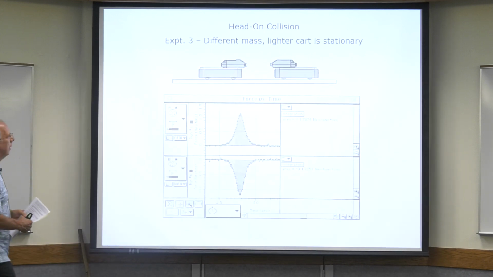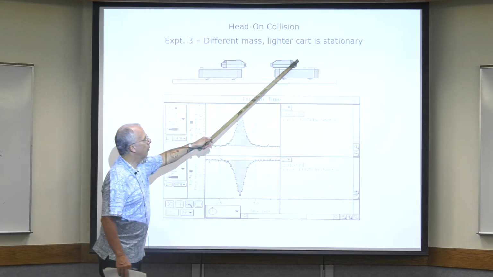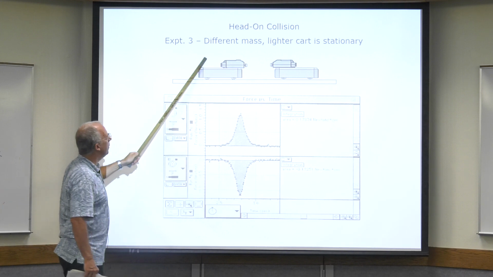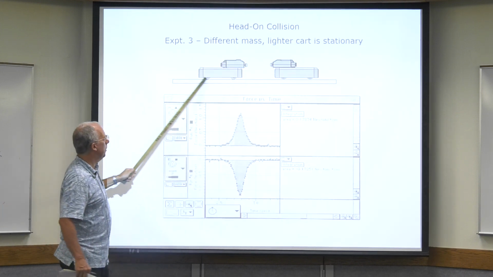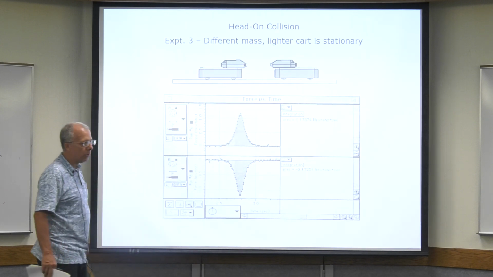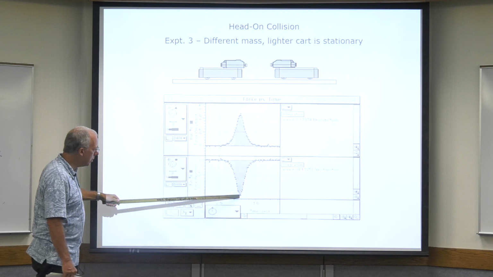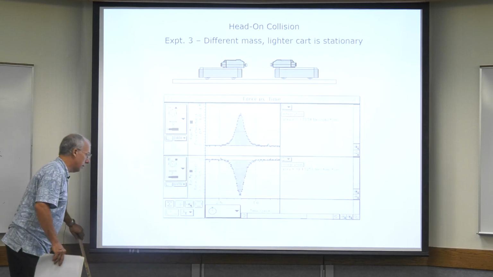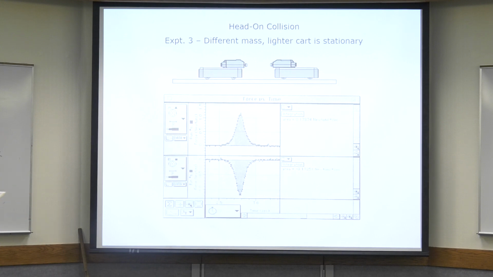One more time: now we keep this one stationary. This is the light one, this is the heavy one. This is moving, this is stationary. We move this one towards that one and measure the forces. What do you notice? Same magnitudes, opposite directions. I hope you're convinced.